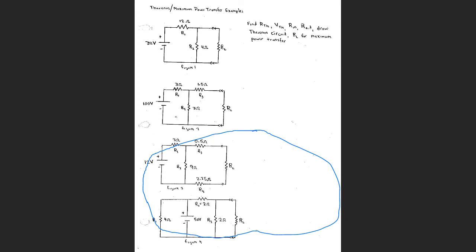That's the voltage source. So to set that to 0, I remove the voltage source and I replace the voltage source with a piece of wire. Now R1 and R2 are already tied together right here and right here. When I put that piece of wire here, that's going to connect the other side of R1 and R2, making those two resistors be in parallel. But we're not there yet. I want to find VTH.